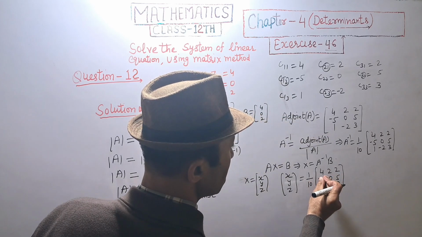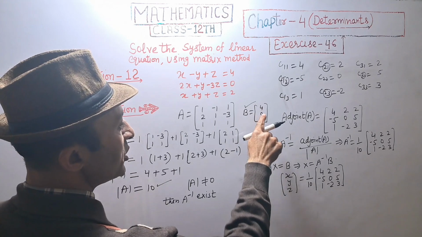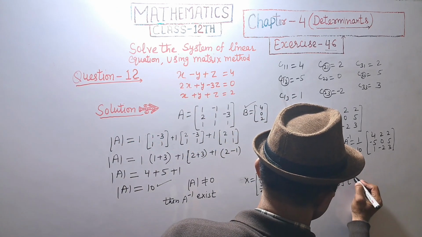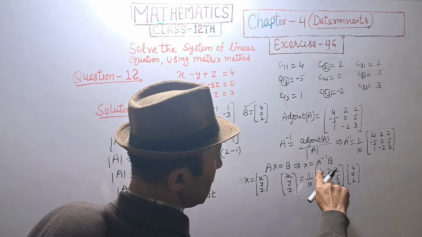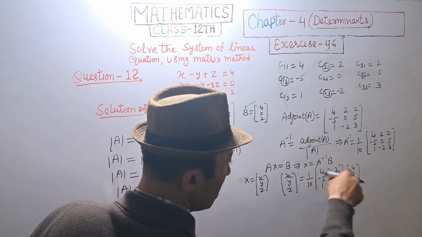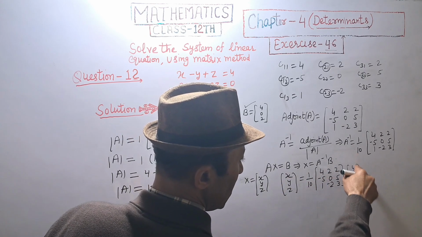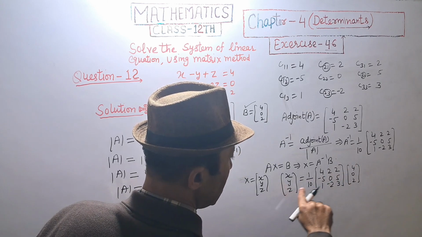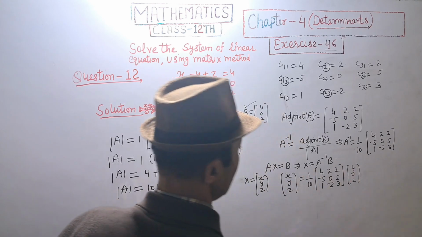That is A inverse, and B is 4, 0, 2. Multiplying first row, first column, we get the value of x, second row multiplying column, we get the value of y, and third row multiplying column, we get the value of z.